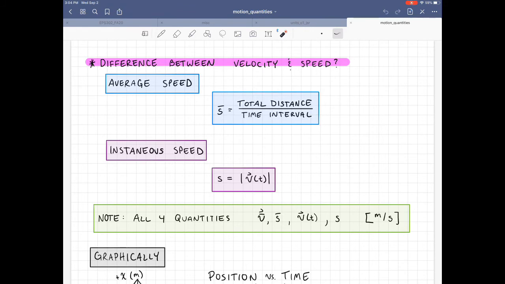Your instantaneous speed is essentially the magnitude of the instantaneous velocity. So whatever your velocity is at a given instant, your instantaneous speed is just the magnitude of that velocity. All four of these quantities have the same units, right? Meters per second. You may see kilometers per second, kilometers per hour, or miles per hour, but all of those quantities have the exact same kind of unit.